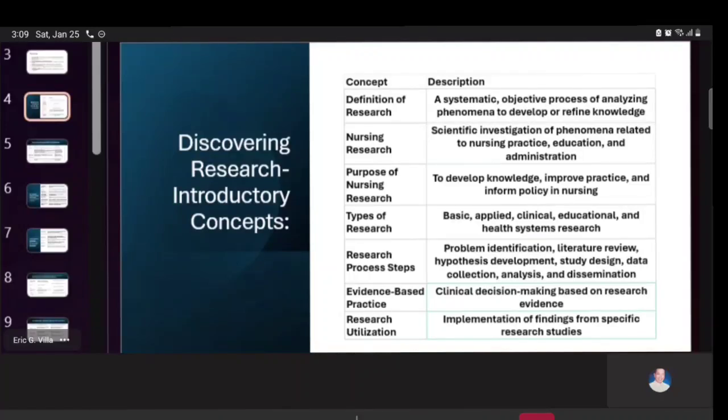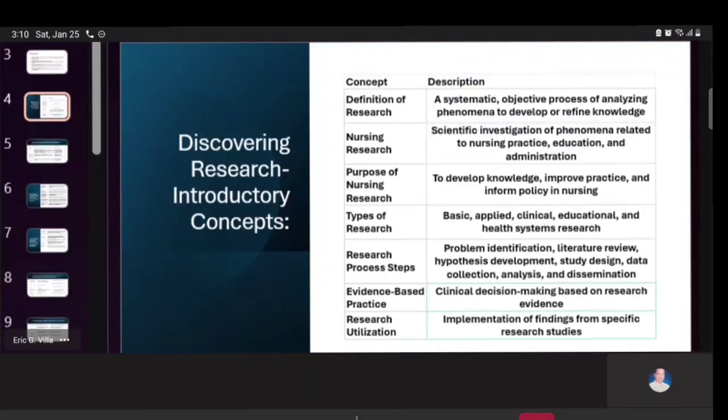We have different concepts, such as the definition of research. Research in nursing is a very basic aspect when it comes to advancing our professions and improving patients' care.